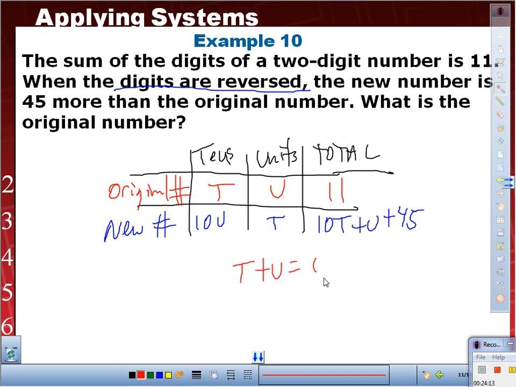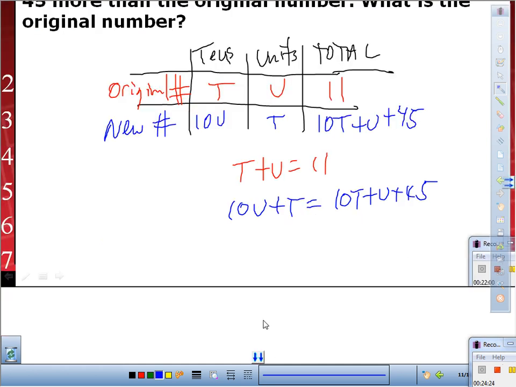T plus U equals 11. The second one is 10U plus T equals 10T plus U plus 45. So now let's simplify the second one. Minus 10T, minus 10T, minus U. Bring down the 45.